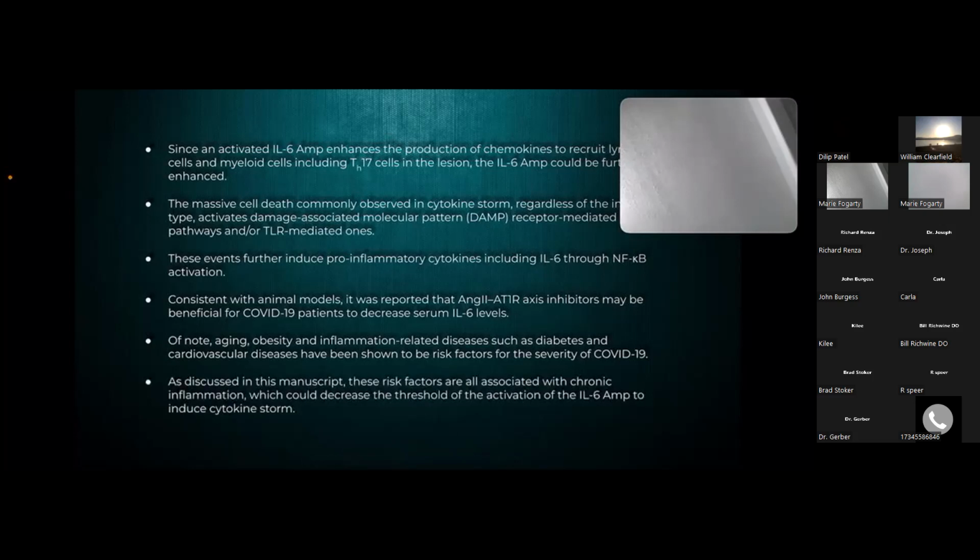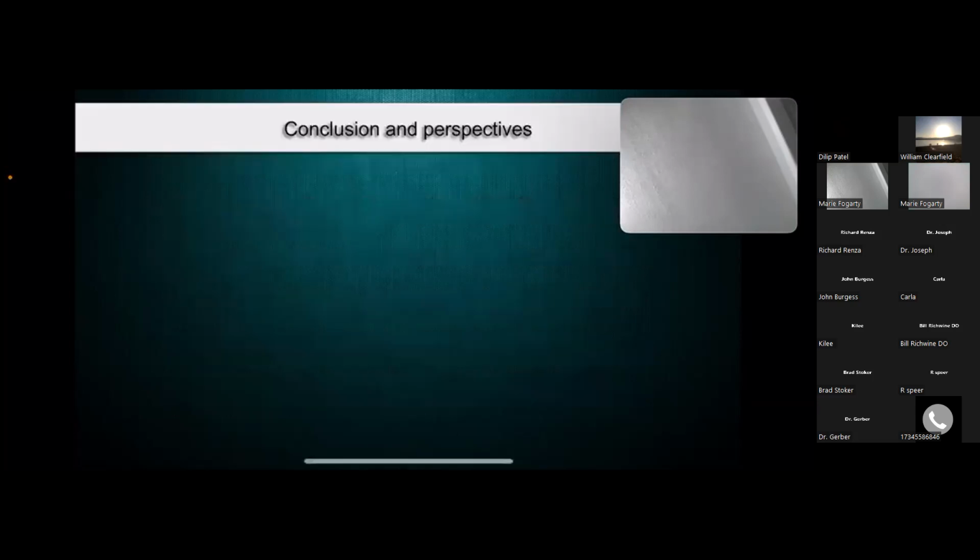As discussed in this manuscript, these risk factors are all associated with chronic inflammation, which could decrease the threshold of the activation of the interleukin-6 amplification to induce cytokine storm. And you see, it's decrease the threshold. Okay, so these things pile up. They pile up, and then the storm comes.